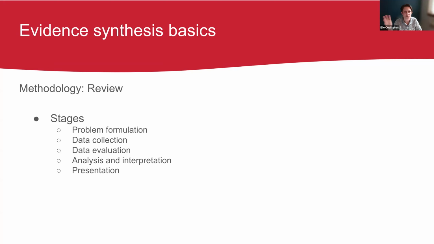Problem formulation, that's the protocol development, thinking through developing the search strategy. I add in problem formulation as you're putting your eligibility criteria and research question together. Then you've got your data collection, which for a systematic and scoping review is implementing your search strategy, right? That's going out and finding all of that literature. It's that systematic search and supplementary searching stage.